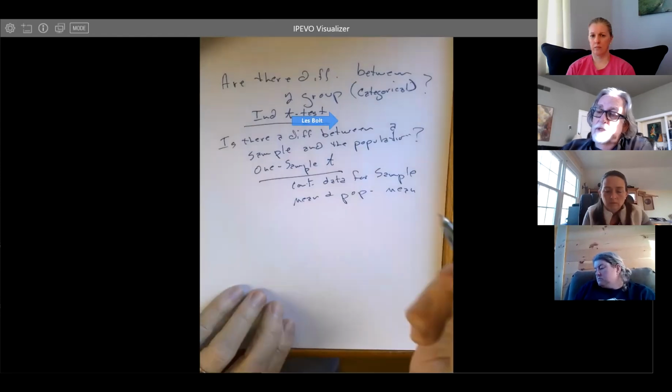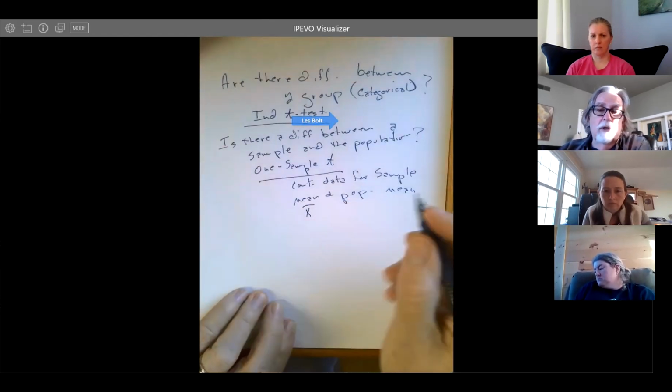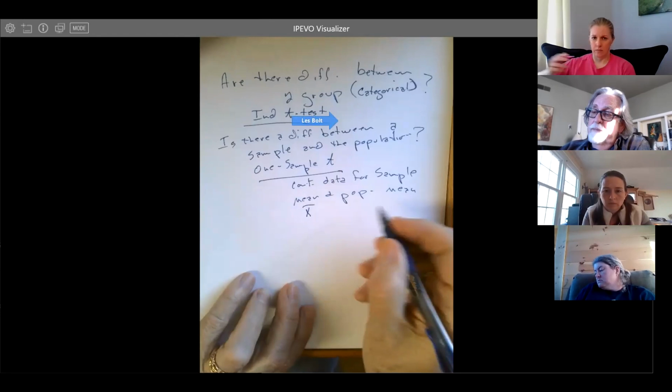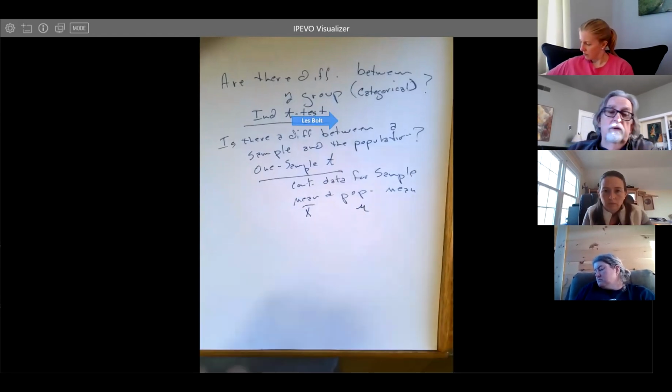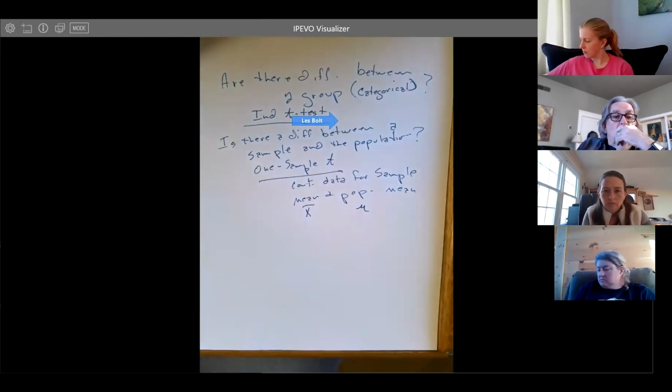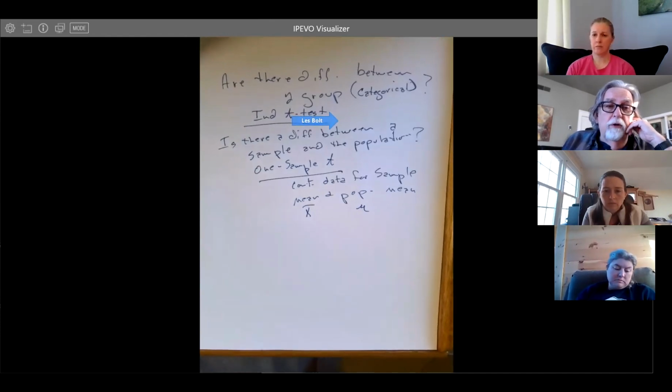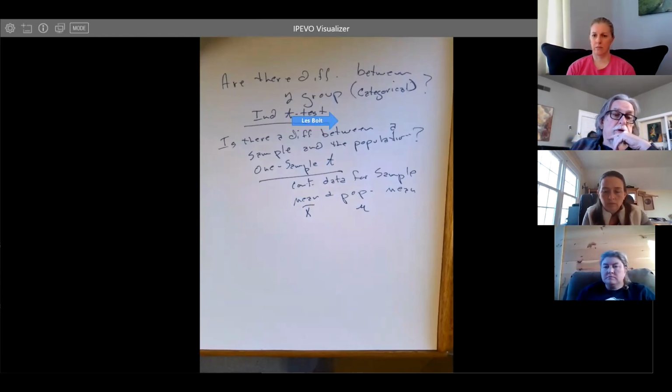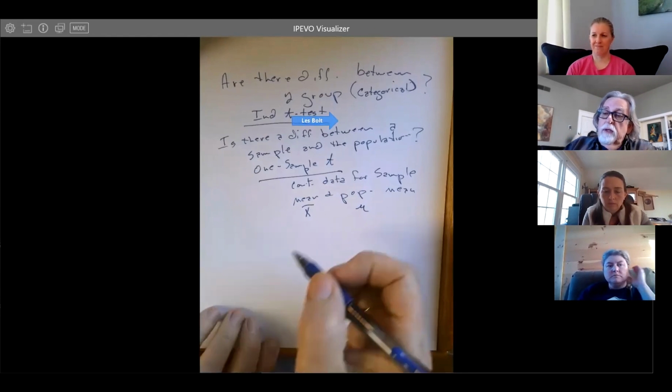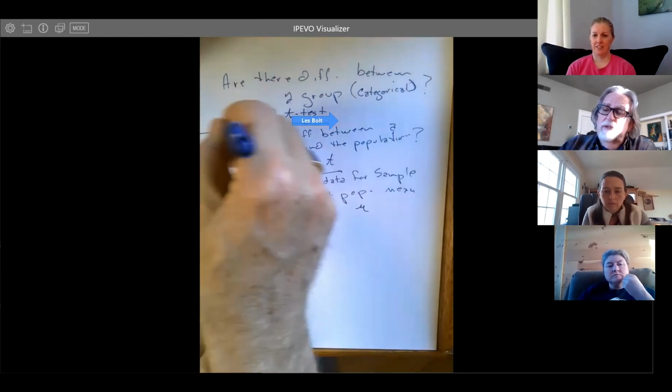And so a sample mean is an X bar, and a population mean is that mu. And that's just a convention that sample data is Roman alphabet, and population stuff is Greek alphabet. And so that's two cases.